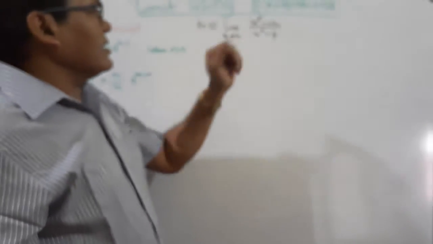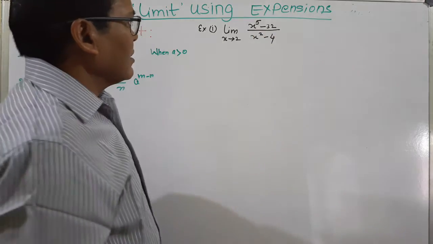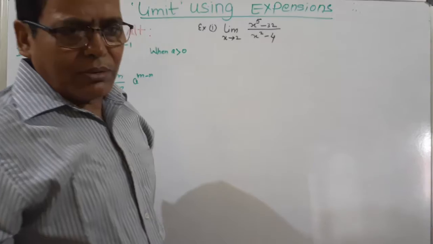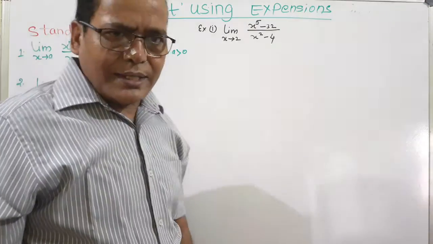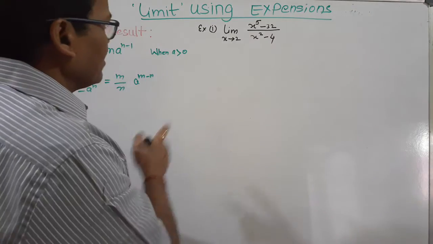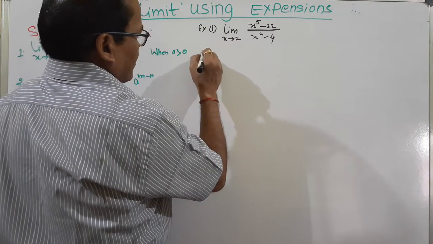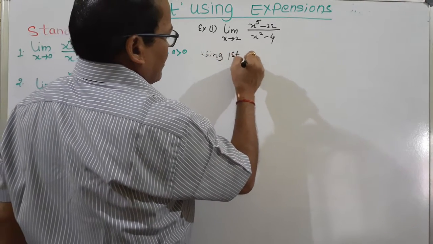Limit x tends to 2, x to the power 5 minus 32 divided by x square minus 4. First I am going to use the first formula.